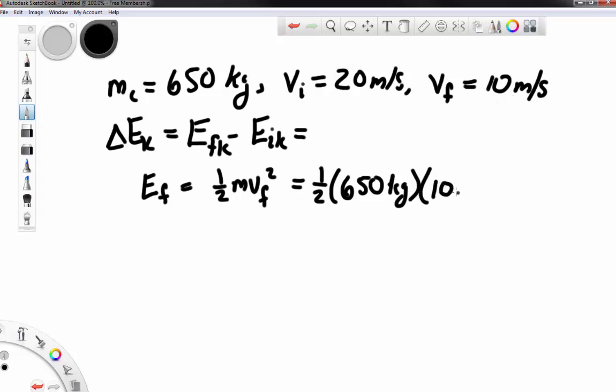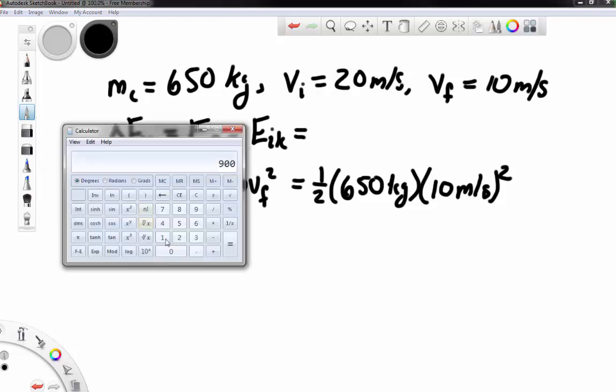So times 10 meters per second, and that has to be squared. So let's go ahead and get what that value is. So 650 divided by 2 times 10 squared, which is basically times 100.